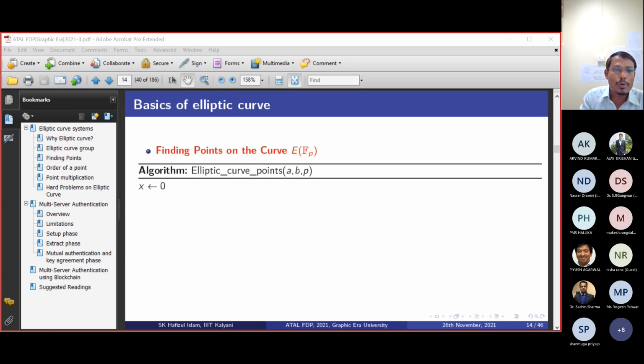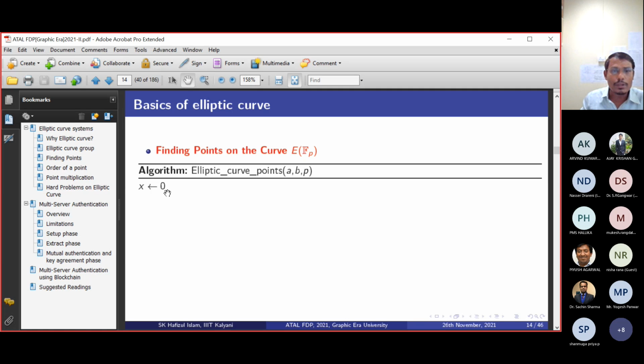We'll start from x equal to 0, then we'll increment x equal to x plus 1, and we'll check whether the right-hand side is a perfect square or not. Suppose this is w². So the value of y will be the square root of w², that is plus or minus w. So one is w and another is p minus w. This will give you two points. This is a simple algorithm.